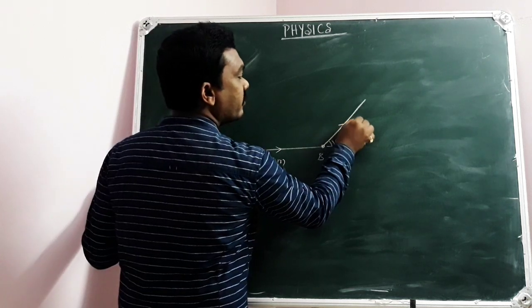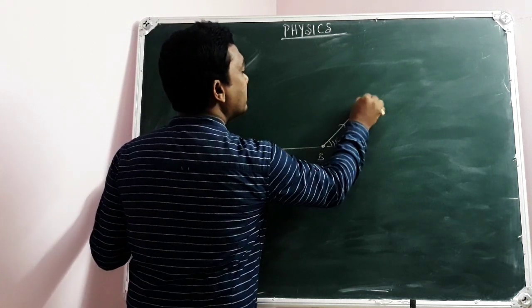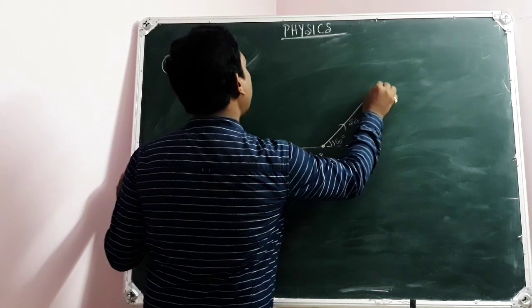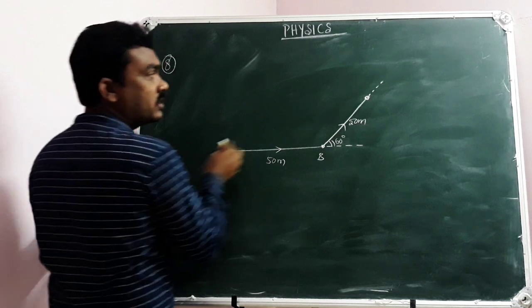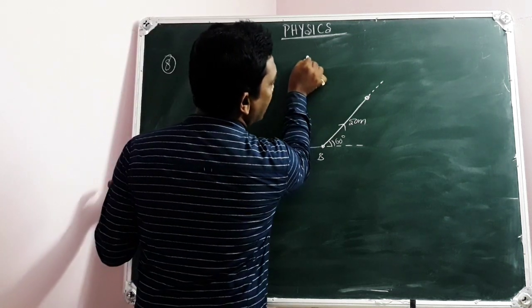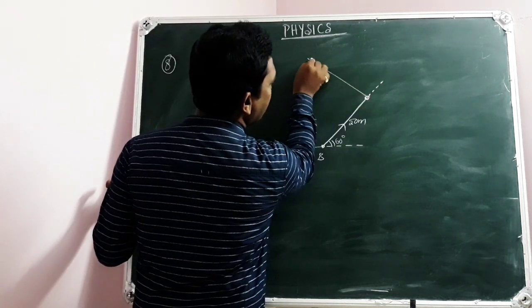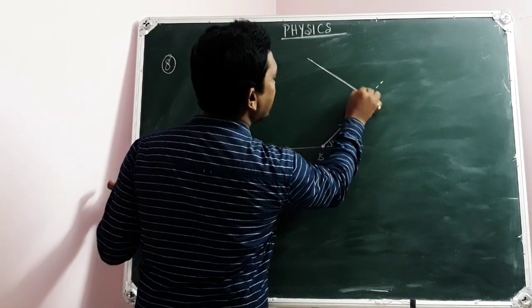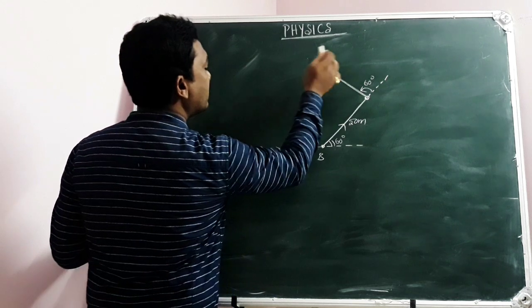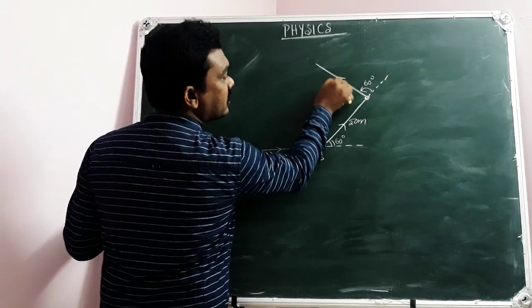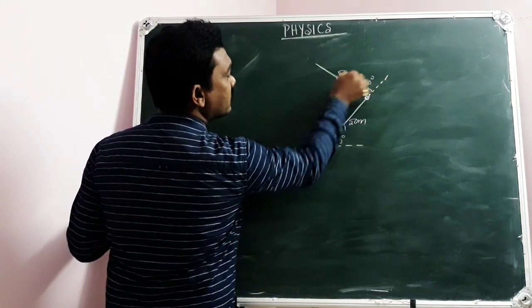Instead of going straight, he has taken a turn through 60 degrees and traveled 50 meters again, and has reached a point. But instead of going straight further, he has again taken a left turn through 60 degrees, and again traveled for 50 meters.